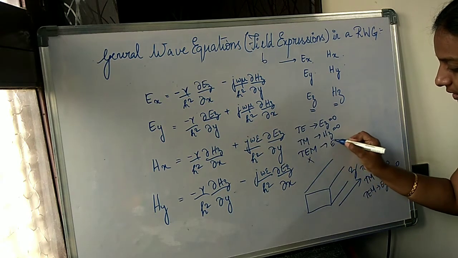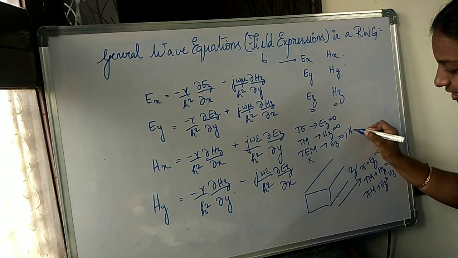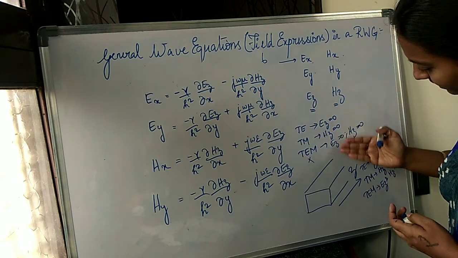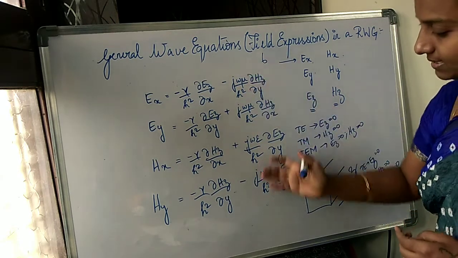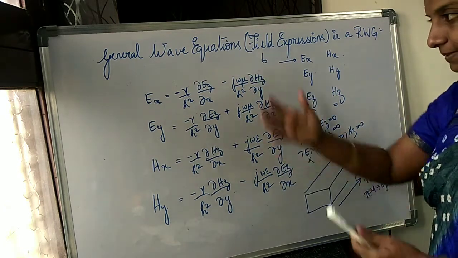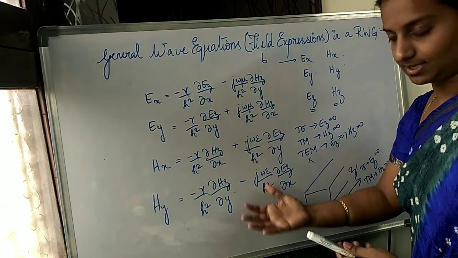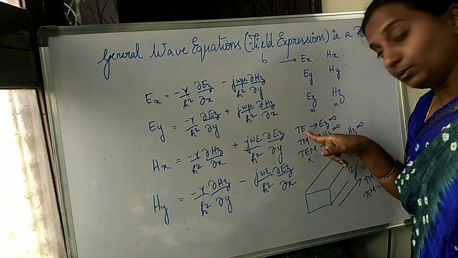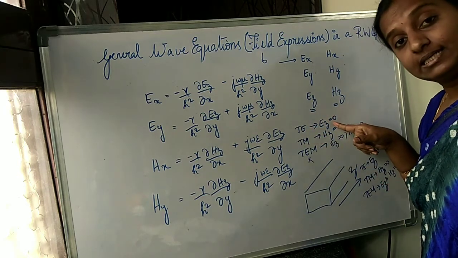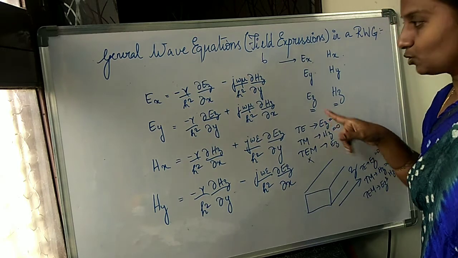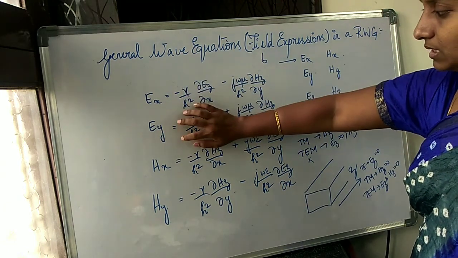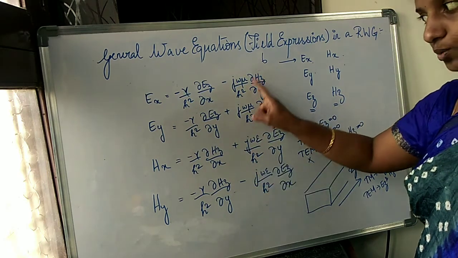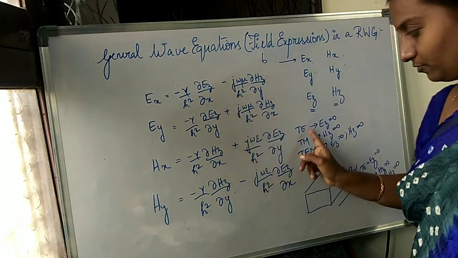If you substitute these values in the general field expressions, then for the TE mode, I know definitely Ez is going to be 0. So this term becomes 0, this term becomes 0, this term becomes 0, and this term becomes 0. I do have Hz values for TE.